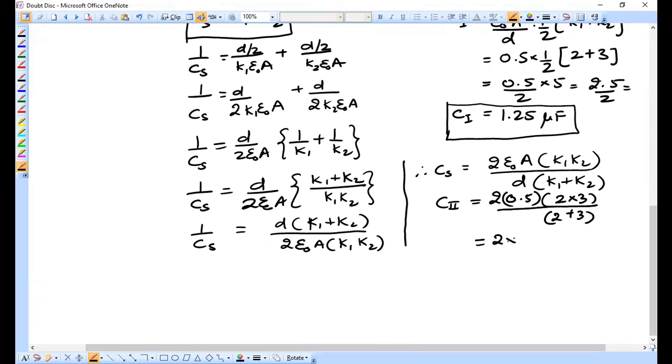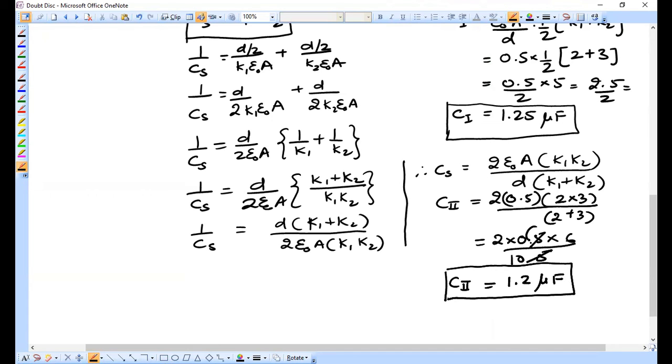So this becomes 2 into 0.5 into 3, 2 3s are 6, upon 5. This 5 and this 5 cancel out. 6 2s are 12. So the expression comes out to be 1.2 microfarad. So the net capacitance of the second orientation of the capacitor happens to be 1.2 microfarad.